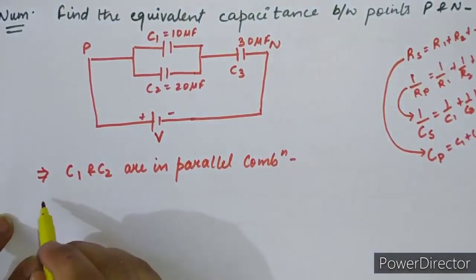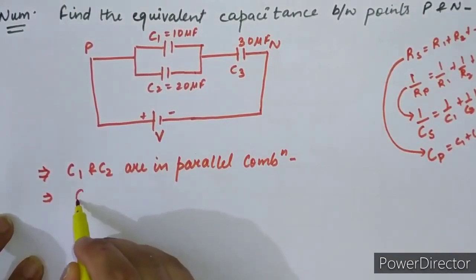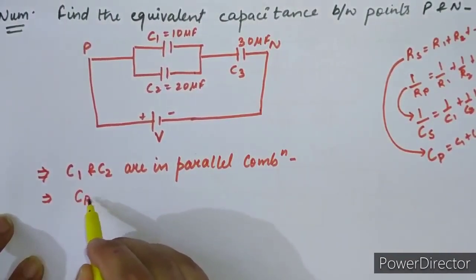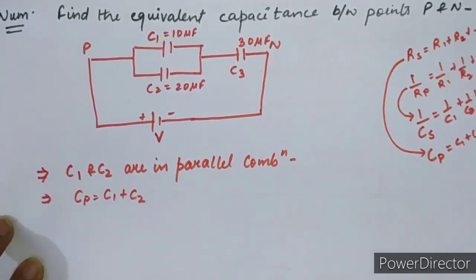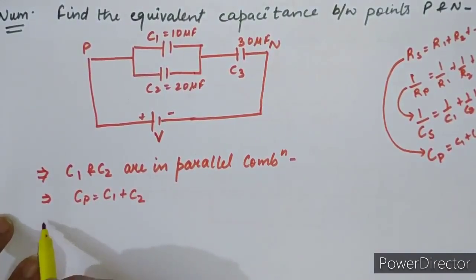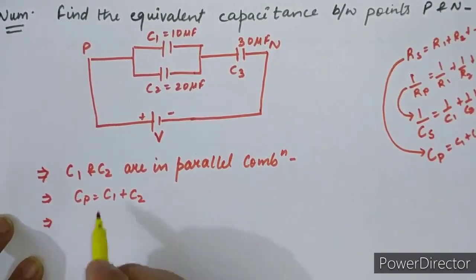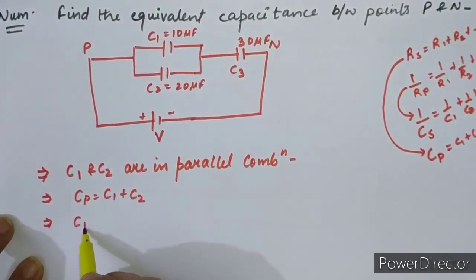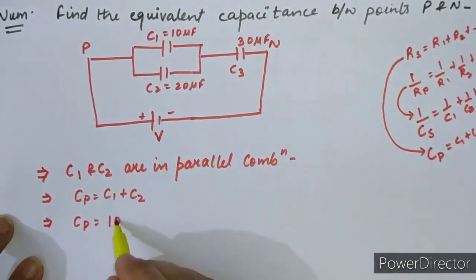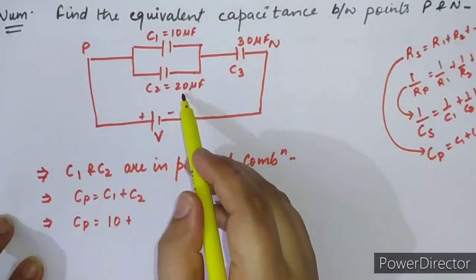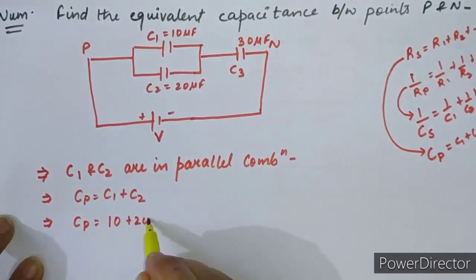The parallel combination formula is C1 plus C2, so simply we have to put in the values. C1 has a value of 10 and C2 has a value of 20.